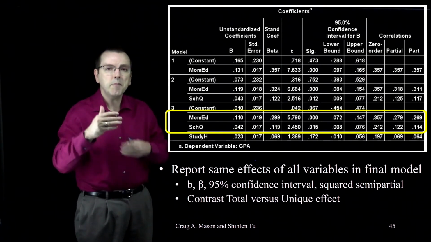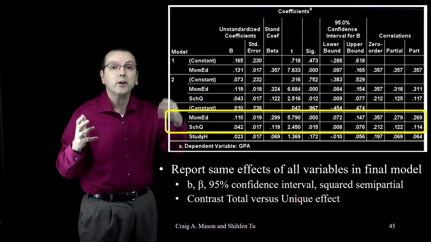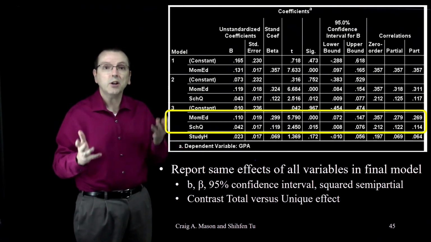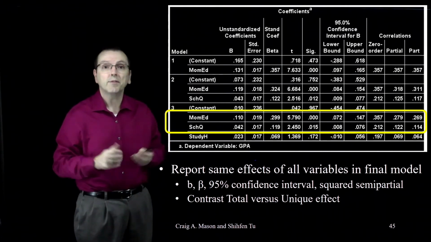Because of that, you may want to contrast the total versus the direct or unique effect of those earlier variables, particularly if there's a large difference in the direct effect versus the total effect.